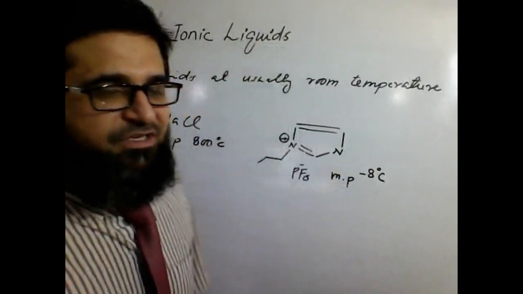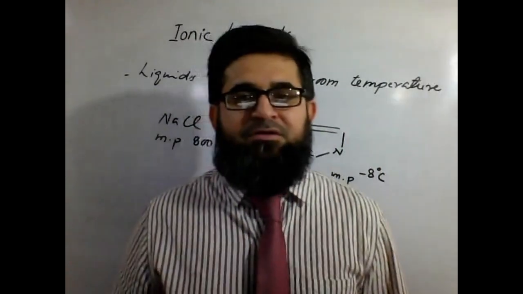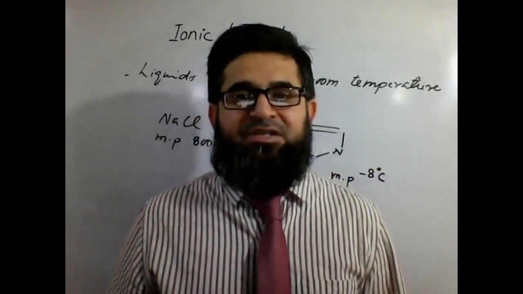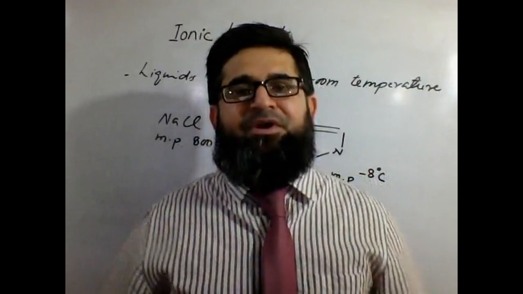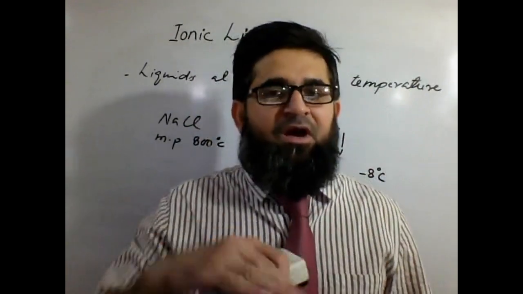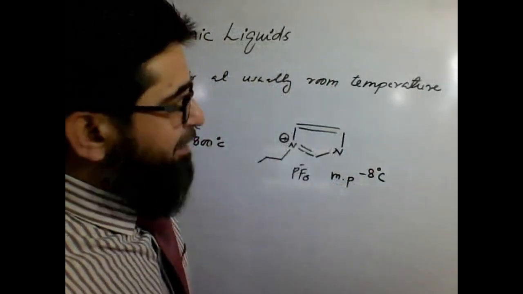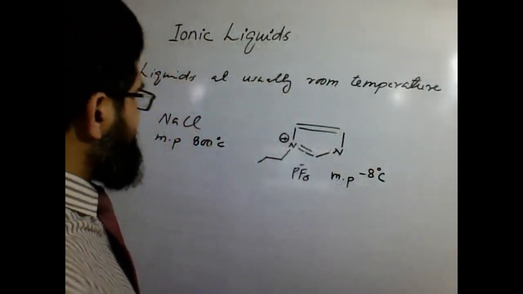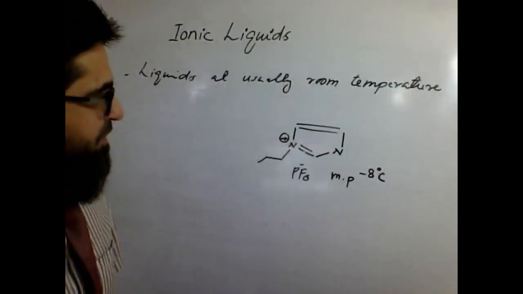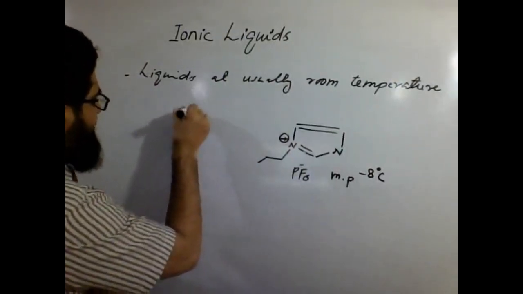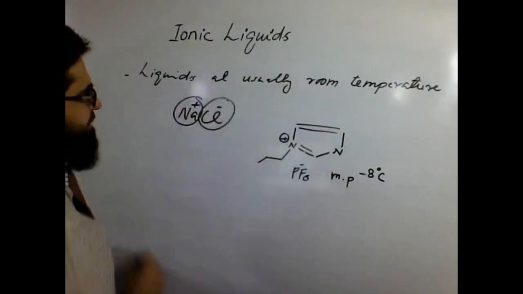So in such cases, these liquids which are stable over a longer range of temperature are preferred as solvents. I will discuss it thoroughly when I will be discussing the applications of ionic liquids. As I've told you, as in the case of ionic solids, a cation and anion is there.